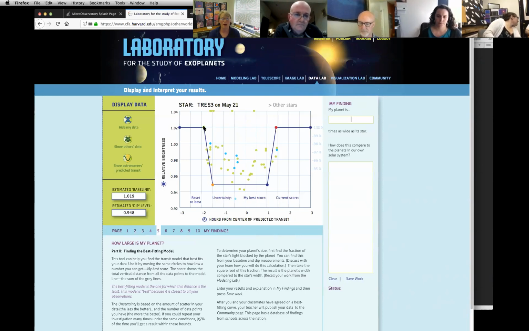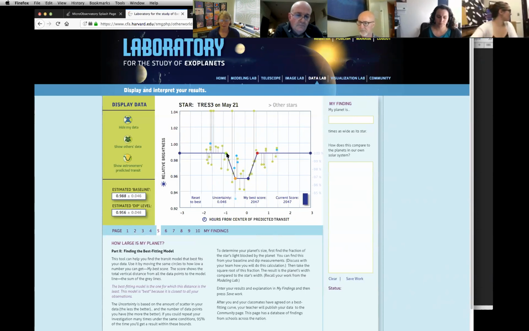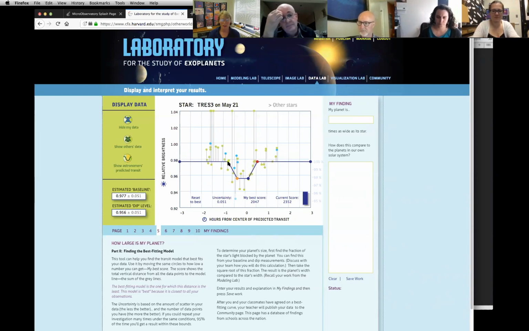So this is a simple model, but you can move the colored dots in this model to try and visually fit the data. And so this is basically a set of models where you can manually inspect the model space and figure out where the best fit is.